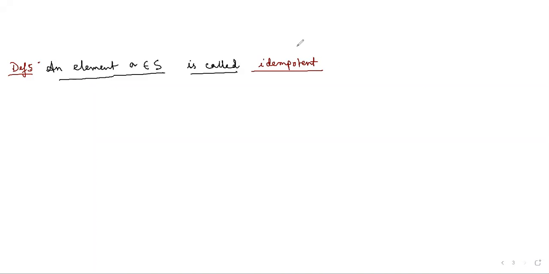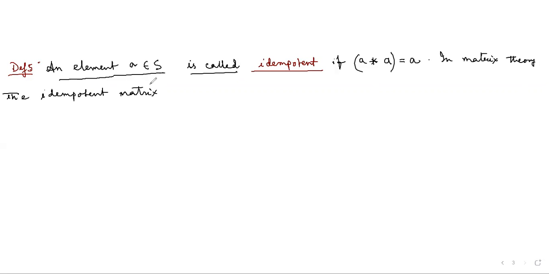If A star A is equal to A. So in matrix theory, the idempotent matrix is that matrix A where A square becomes capital A. A simple example is the identity matrix.